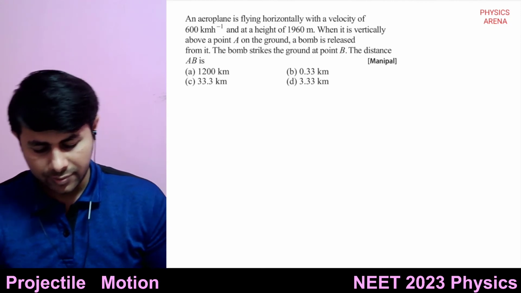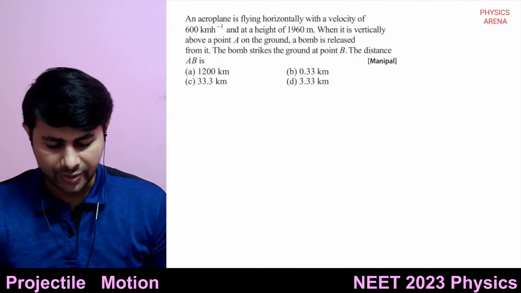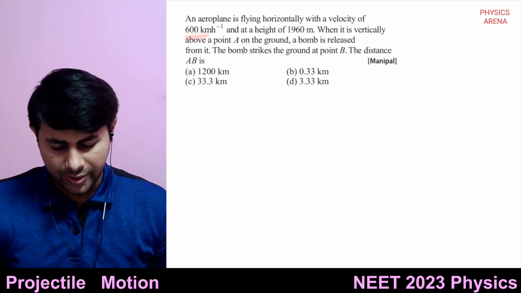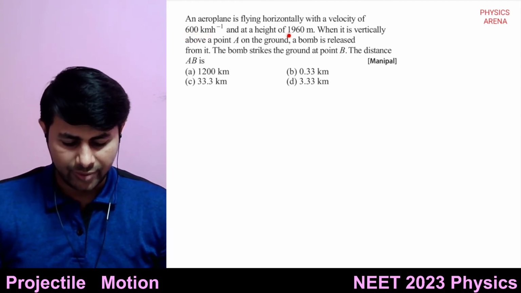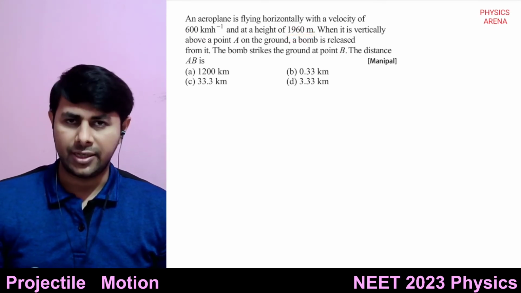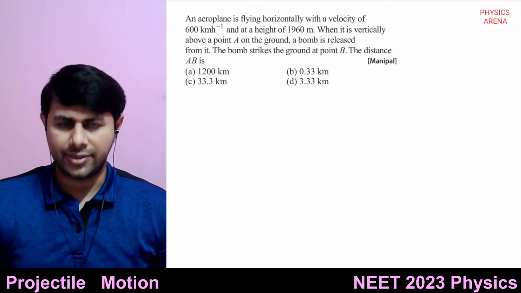Next one. An aeroplane is flying horizontally with a velocity of 600 kilometers per hour and at a height of 1960 meters. When it is vertically above a point A on the ground, a bomb is released.